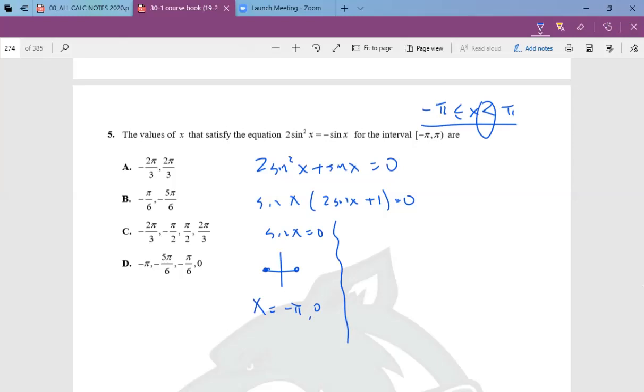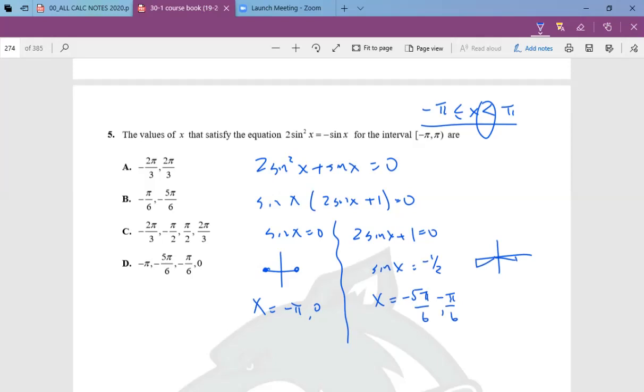The other half is 2 sine x plus 1 equals 0. Sine x, subtract 1 from both sides, divide both sides by 2. Sine x equals -1/2. We are dealing with pi/6 in quadrants 3 and 4. And x is equal to -5 pi/6, because we're going backwards, -pi/6.